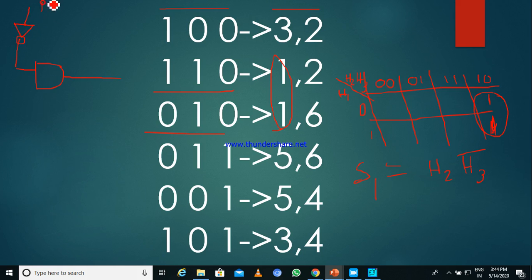Here I will give H3. Here I will give H2. Here I will put again one AND gate. This will go to my switch IGBT 1, and here I will apply the PWM.